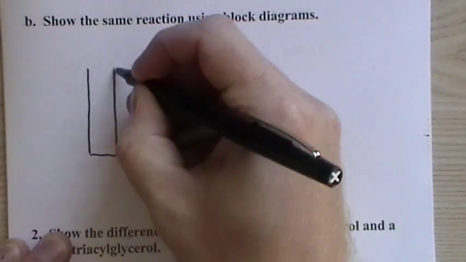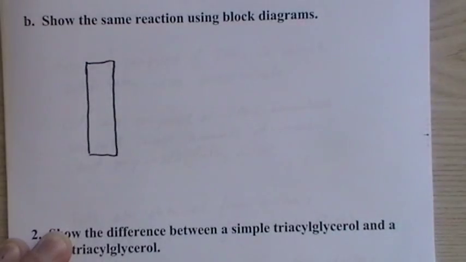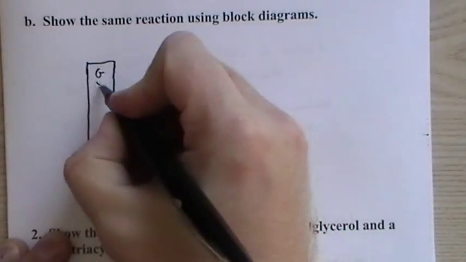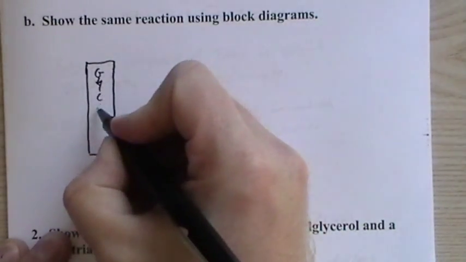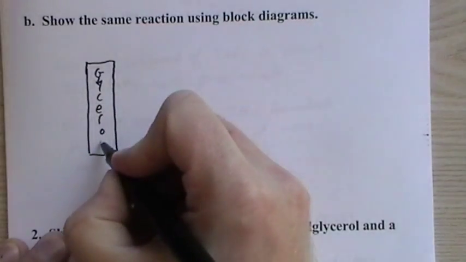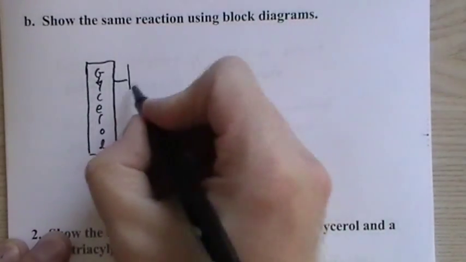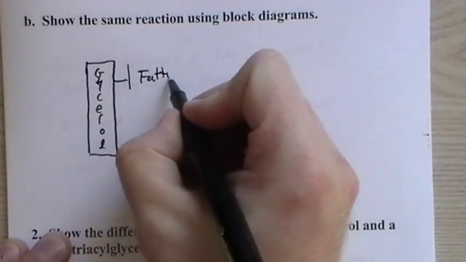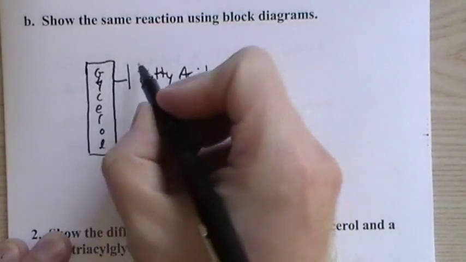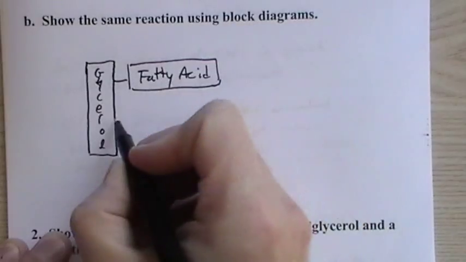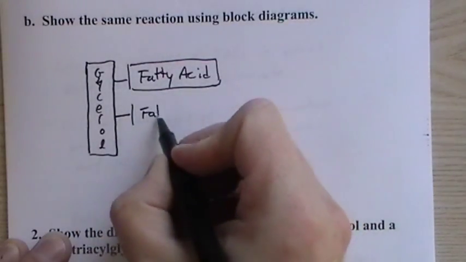Instead of drawing out this entire triacylglycerol, I can draw this in glycerol, and then attached is a fatty acid. Now, of course, this doesn't give us much information as far as the shape of the fatty acid, but we can always put in what fatty acid it was.